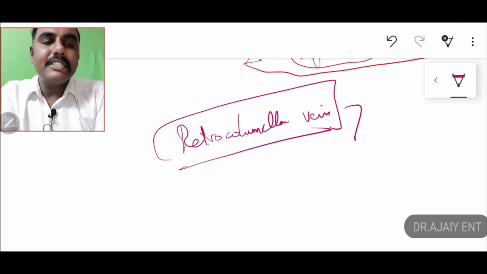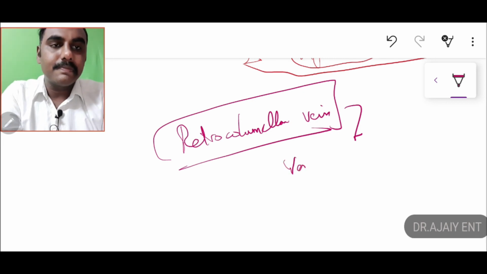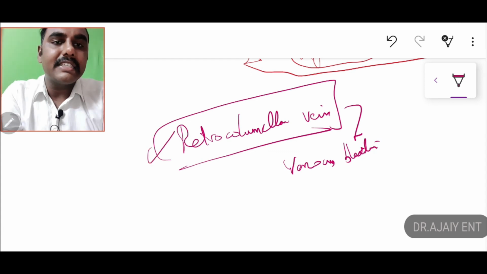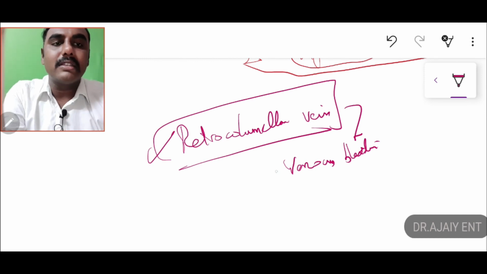Again, it is the most common cause for venous bleeding in the anterior part. As the name indicates, retrocolumellar, it lies in the anterior part of the nasal septum, just behind the columella. This is the retrocolumellar vein.